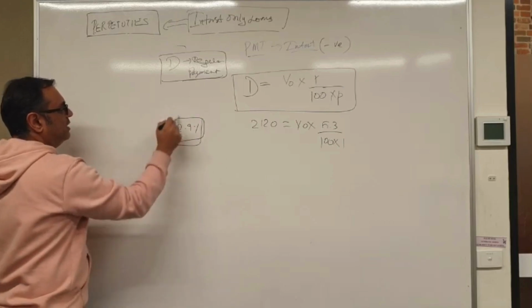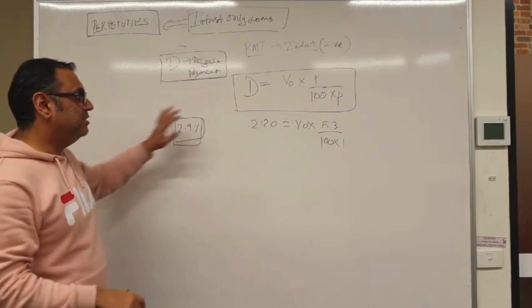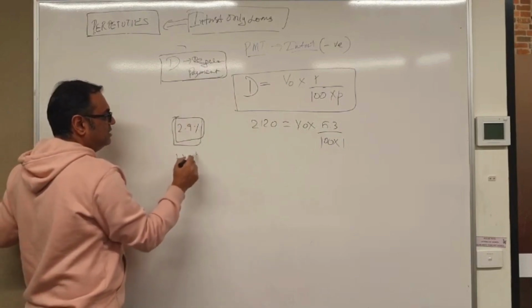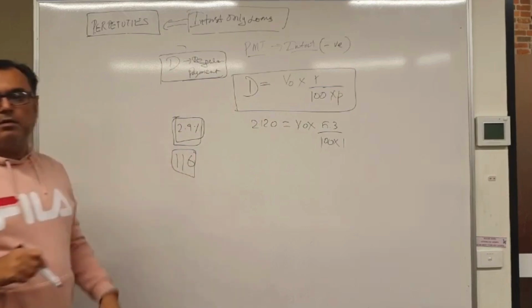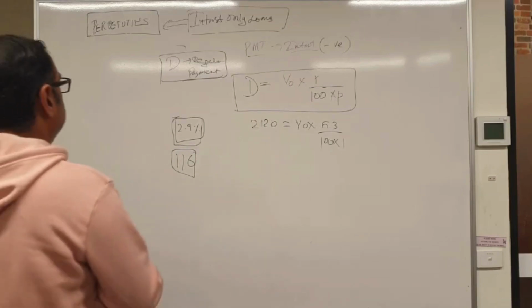The answer is 2.9. Use the formula again. D in this question was 116. This was question number 11, 8H. Alright, let's do question number 14 now. 8H, question number 14.